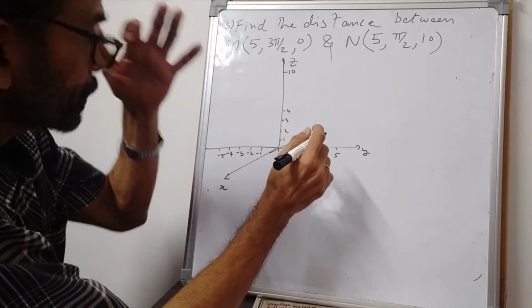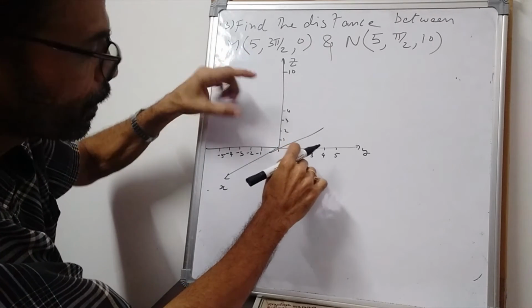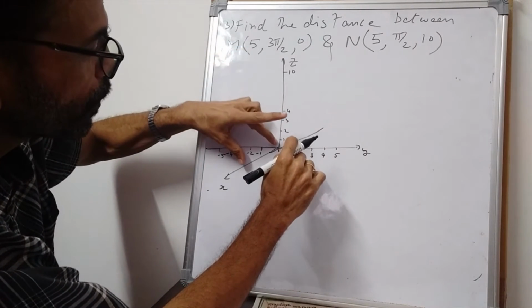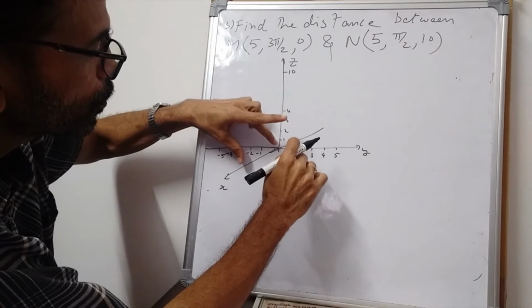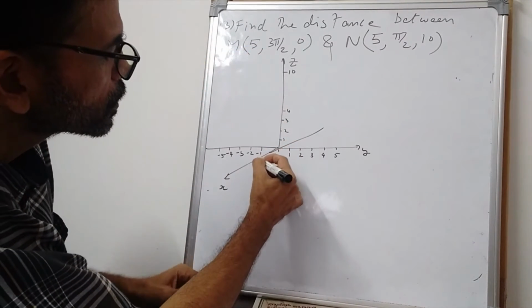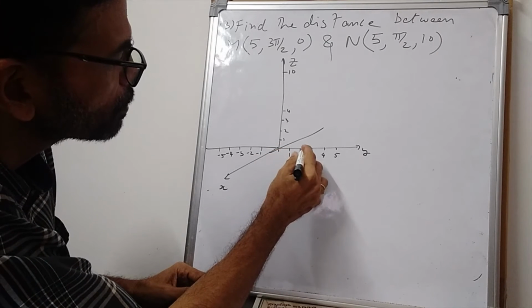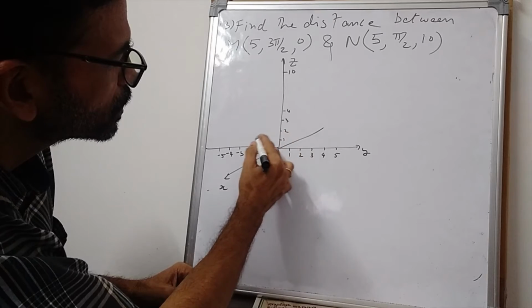Now the first point M has rho equal to 5, and phi is 3 pi by 2. This is because phi starts from here: 1 pi by 2, 2 pi by 2, 3 pi by 2.